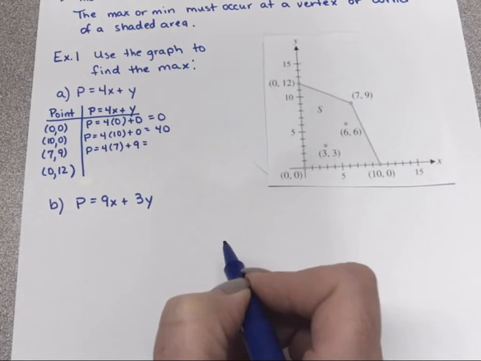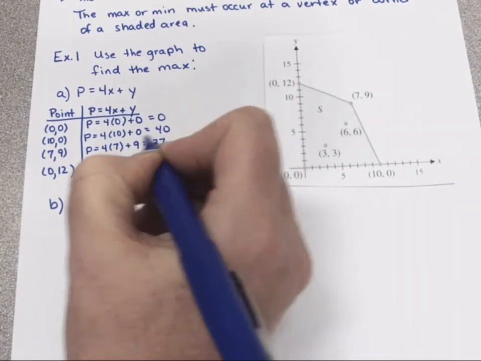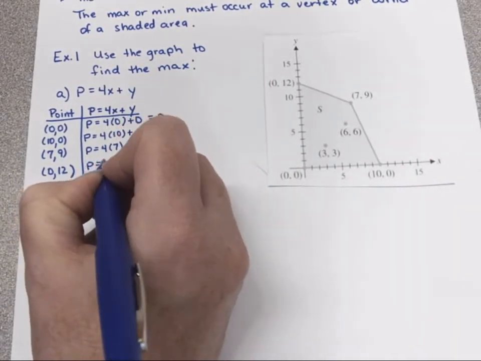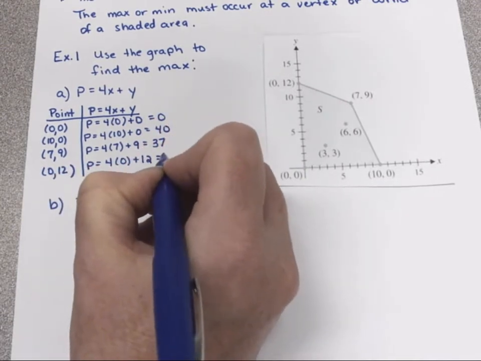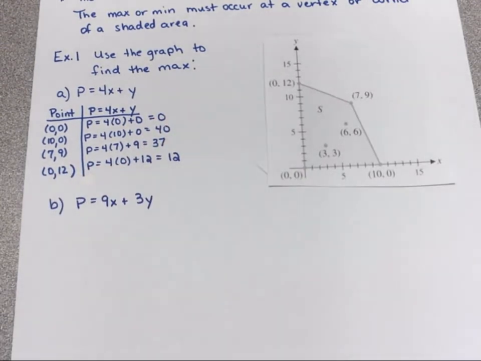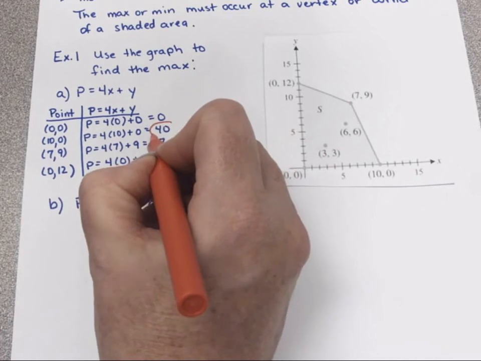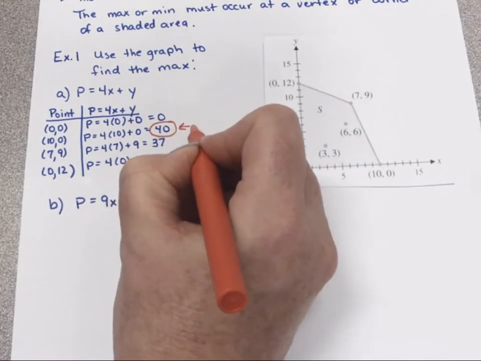You're going to get 28 plus 9, which is 37. And then last but not least, 4 times 0 plus 12 is 12. So where's clearly the max then? Right here, this is the highest value.